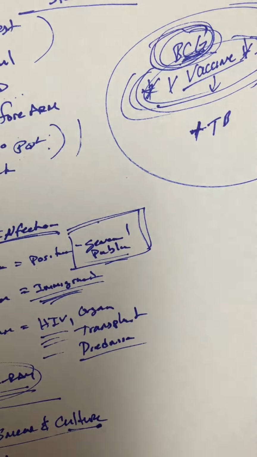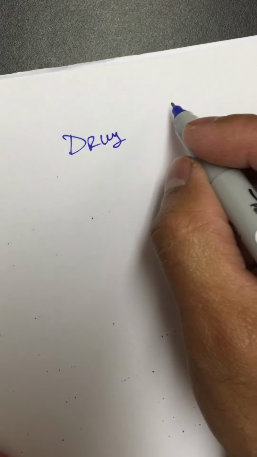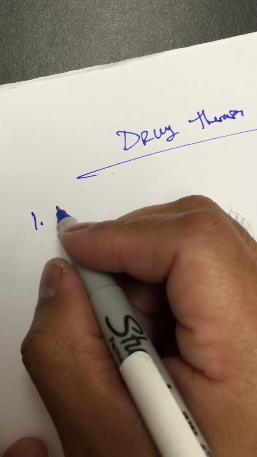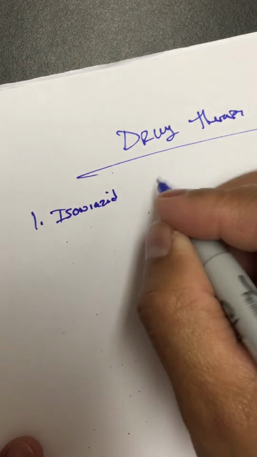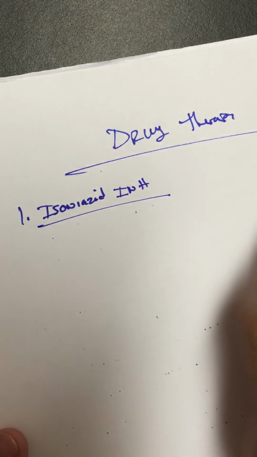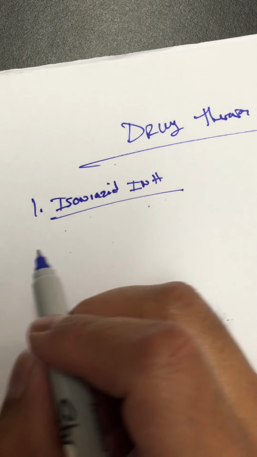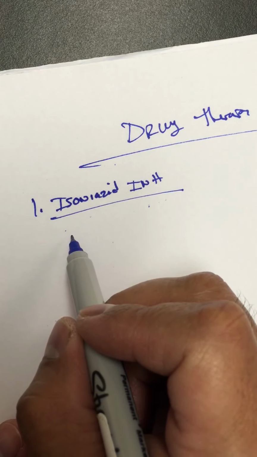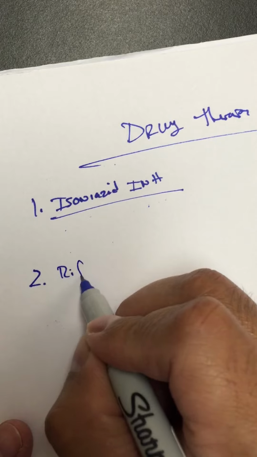Now let's move on to some drug therapy medications for a patient. Number 1, INH, isoniazid. Number 2, rifampin.